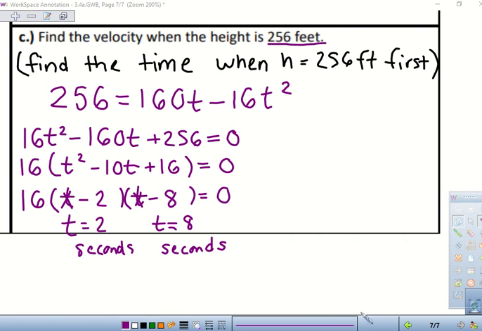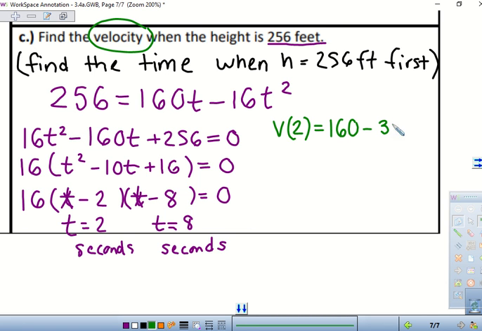So now that we know the time at which the height is at 256, how can we use that to find the velocity? Plug into the v of t equals. Yes, good. We gotta plug into the v of t formula. 160 minus 32 times 2. And then we're also going to plug in 8.